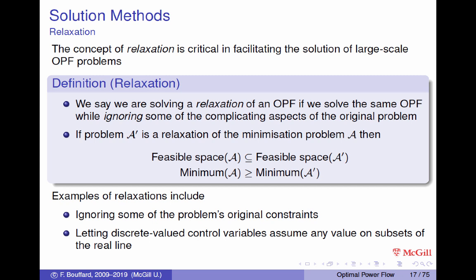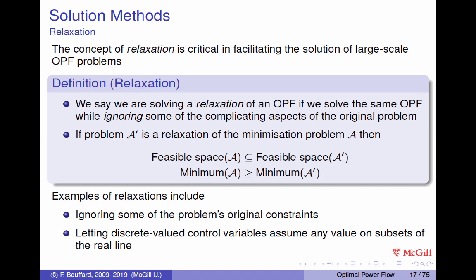So here, how do we create relaxations? Again, the first one is to ignore constraints. Another one is to replace discrete variables with their continuous versions.